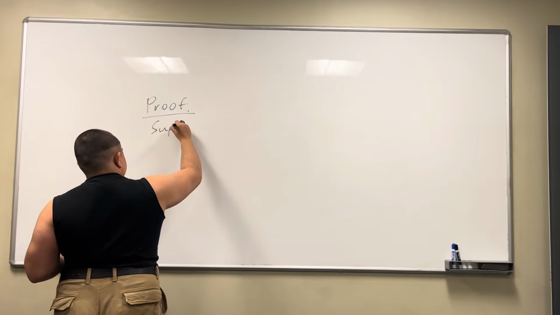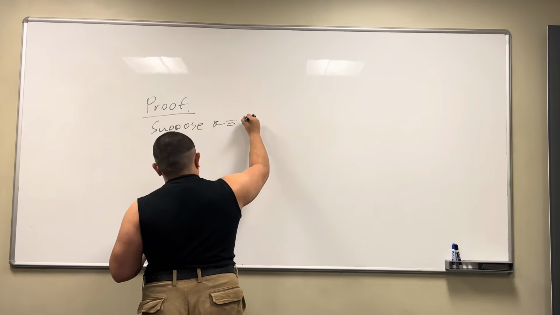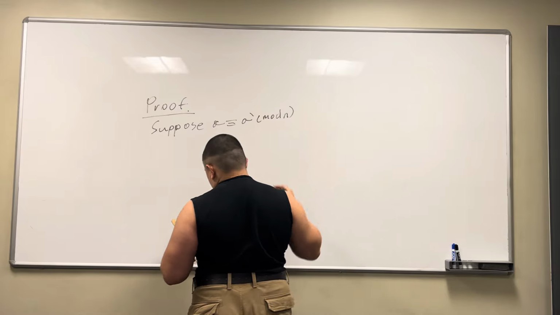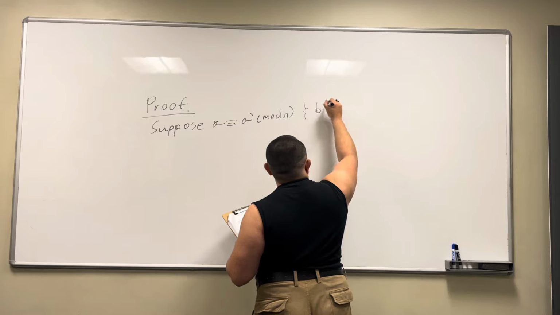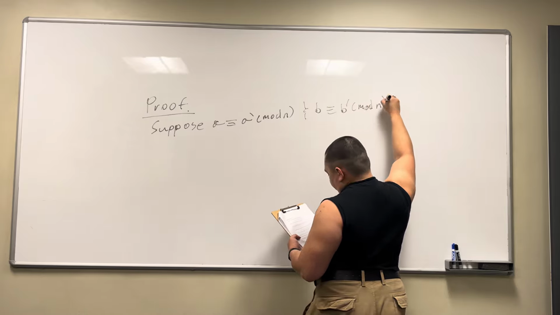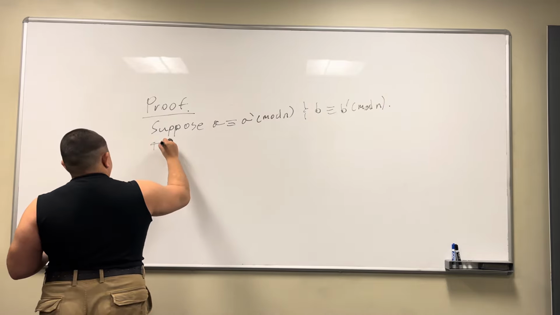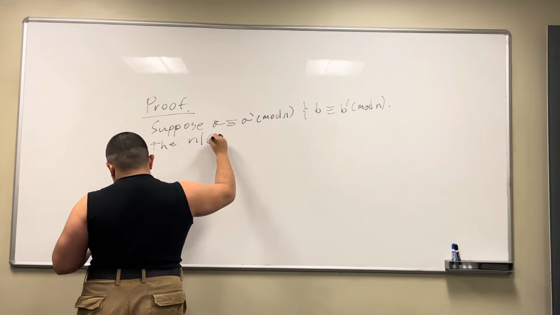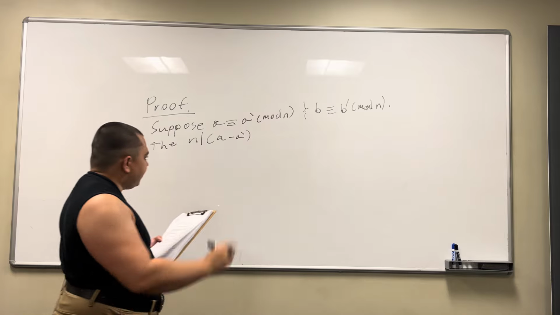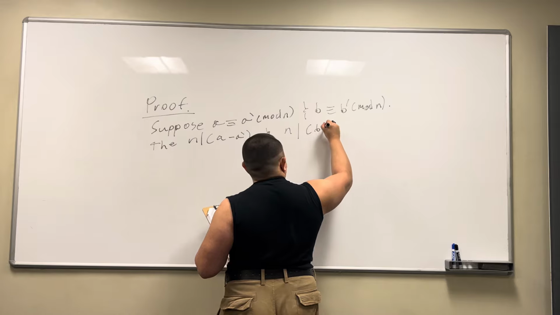Suppose A corresponds with A prime mod n, and B corresponds with B prime mod n. Well, then by definition we have n divides A minus A prime, and n divides B minus B prime.